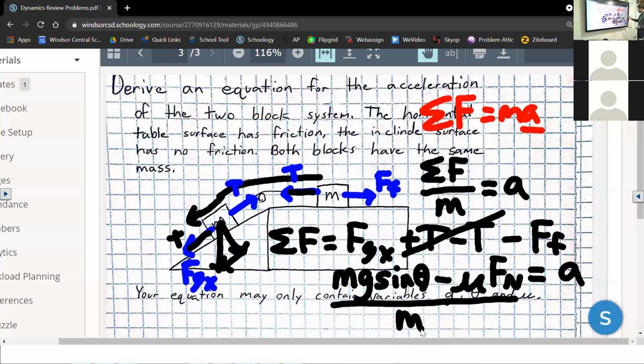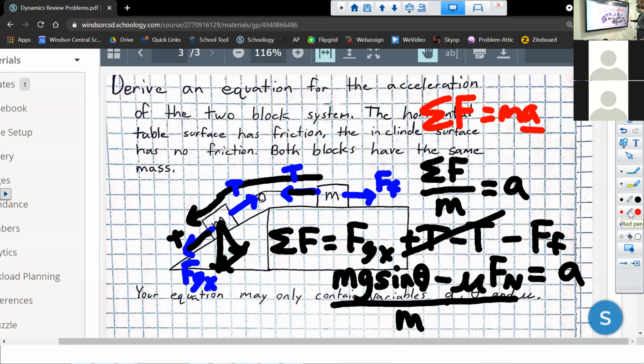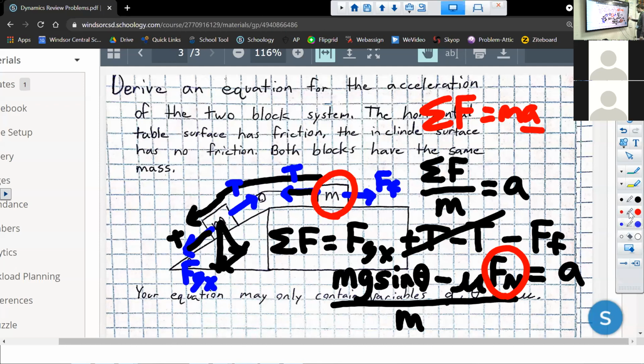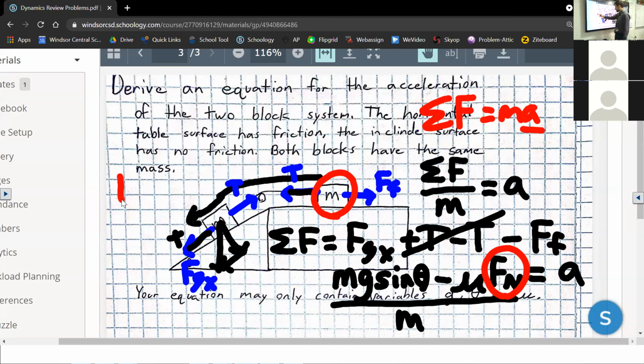Now, this normal force here, what's it going to be equal to for this block that's up on the table here? Yeah, so that block doesn't have the problem our previous block had. Normal force is easy in this case. Normal force is just equal to the weight, or m times g.